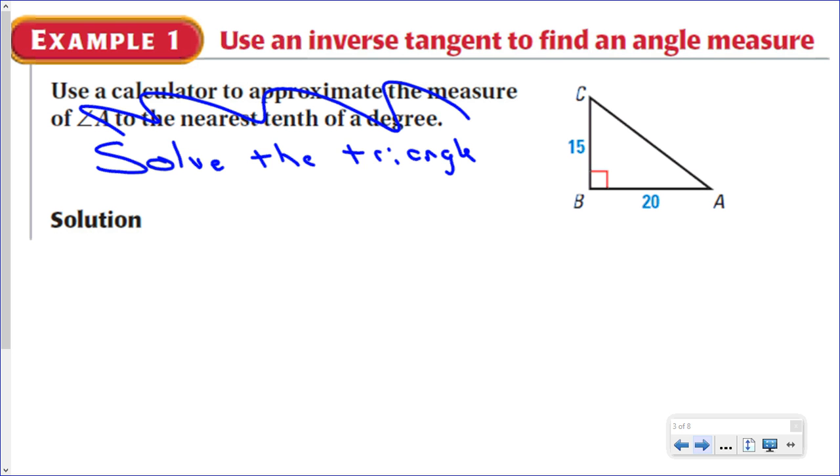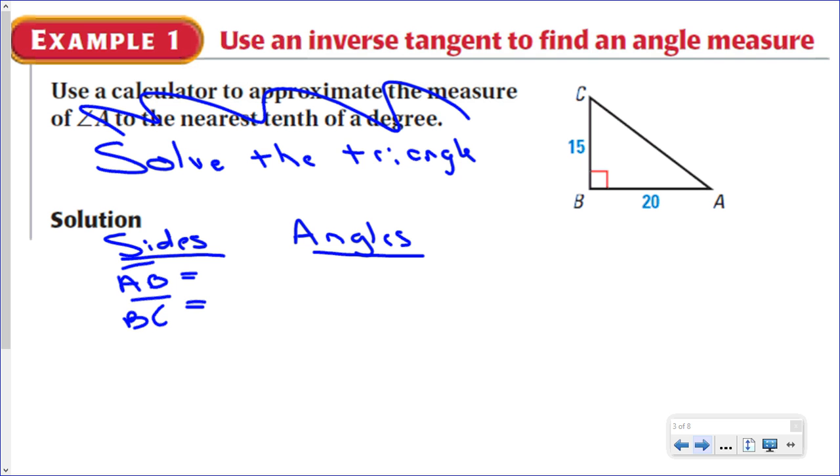The parts of the triangle we need to solve are the sides and the angles. And then we list off all the sides, and then the three angles.